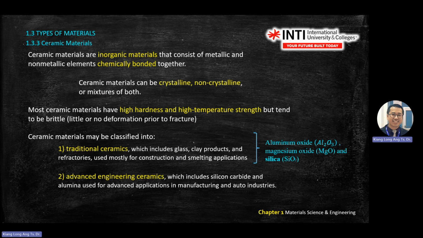Or they use it for a very simple operation, for example, vase or container. Some of these ceramics, because of their properties, can be a good insulator and conductor, depending on the way you design it, right? So advanced engineering means you incorporate a lot of technology inside there.